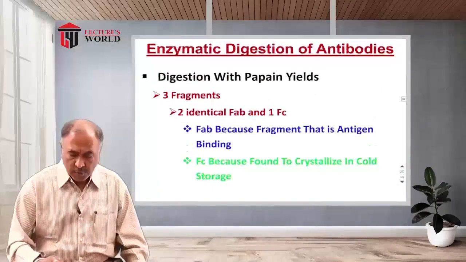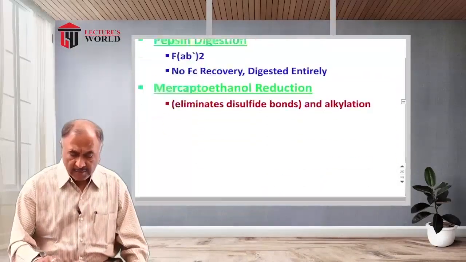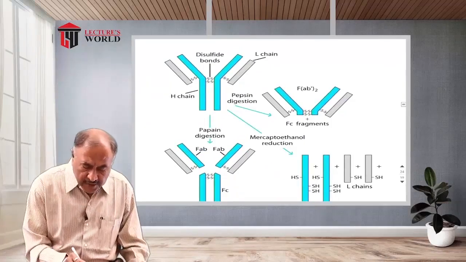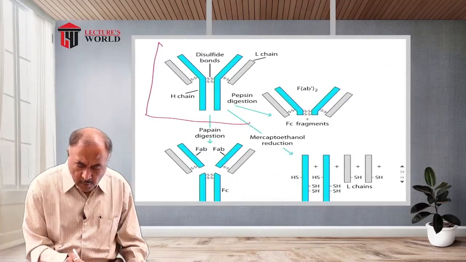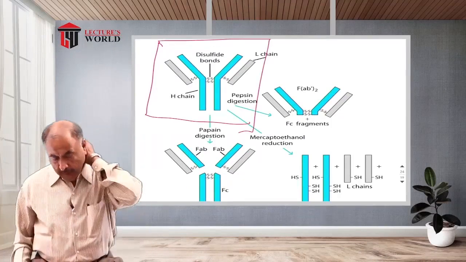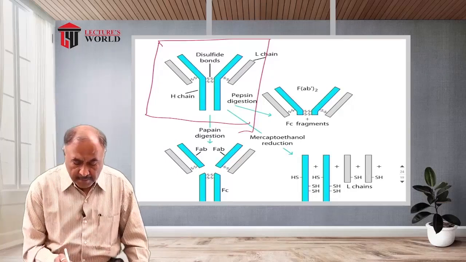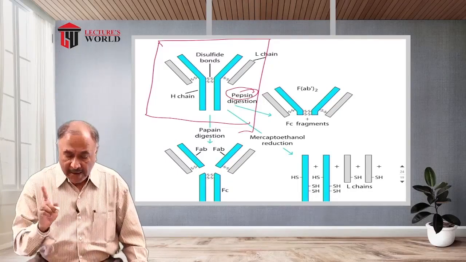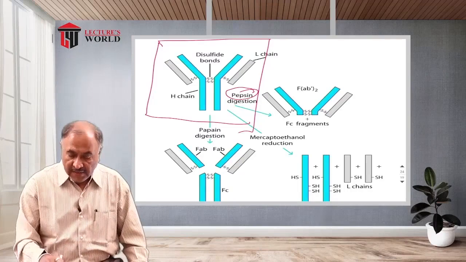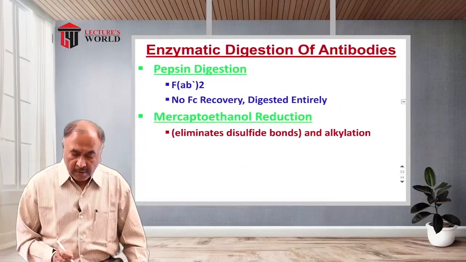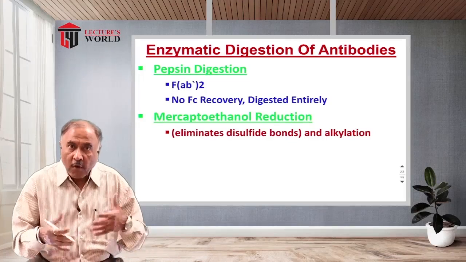I will show you the diagram, this one. Let us assume that this is a complete molecule of immunoglobulin. When they carried out the digestion with enzyme pepsin, what did they obtain?